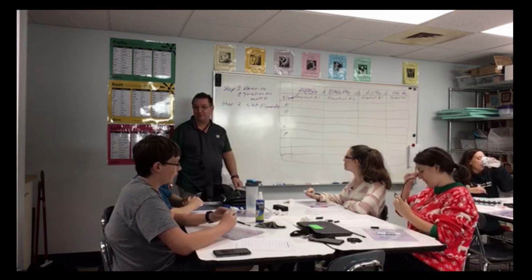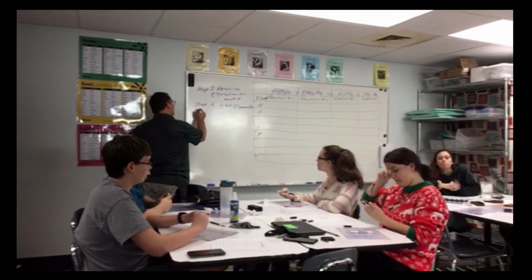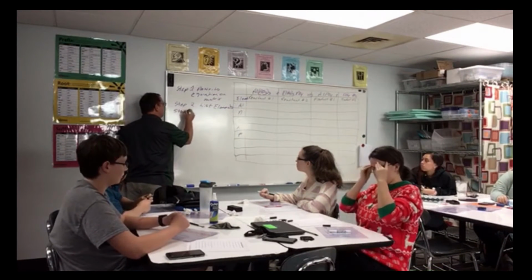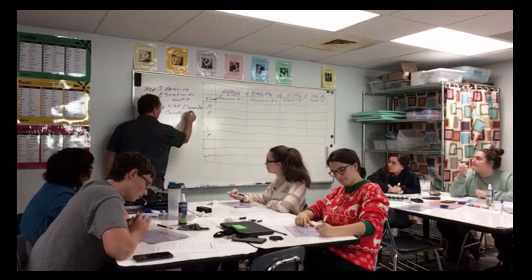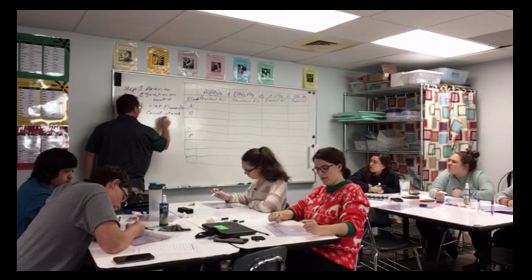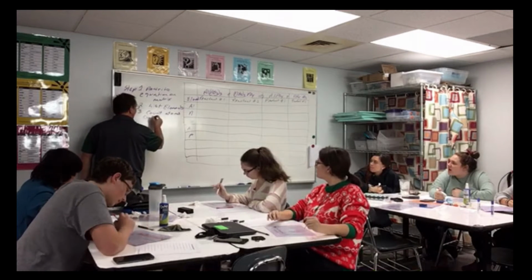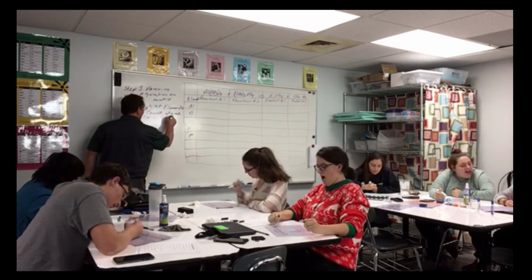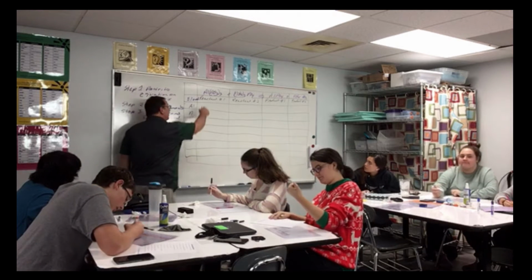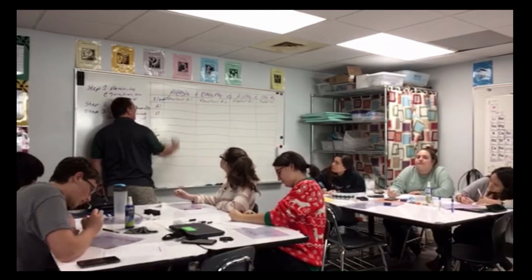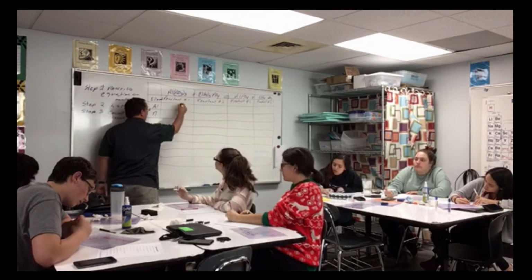Everybody good? Okay, step 3, this is the difficult one. You're going to count the atoms for each element. So, in reactant 1, how many aluminums do we have? 1. We put a 1 down.